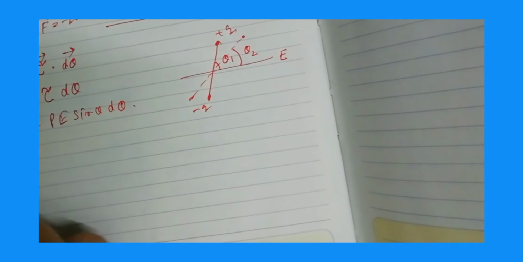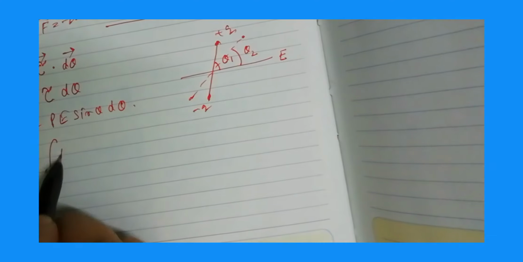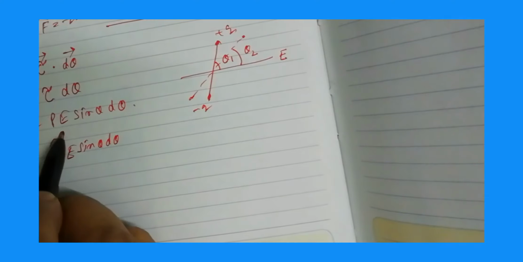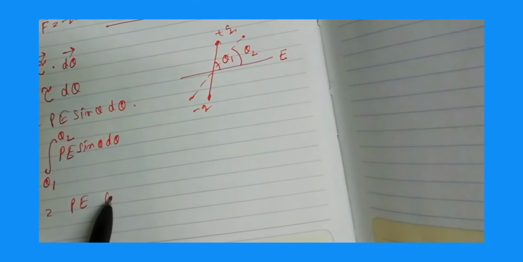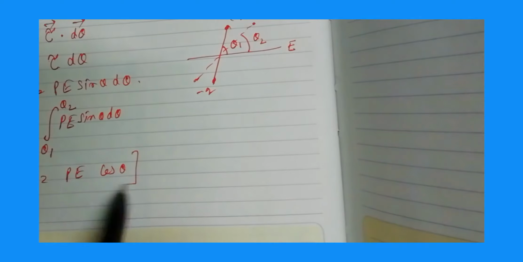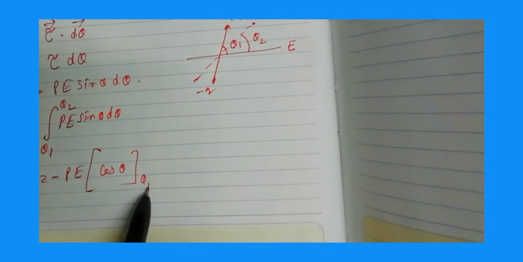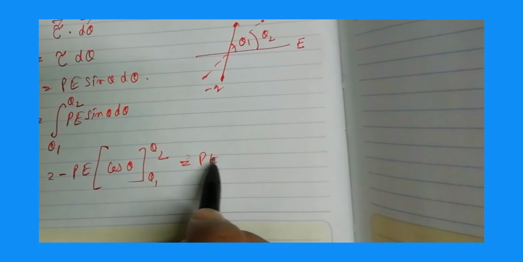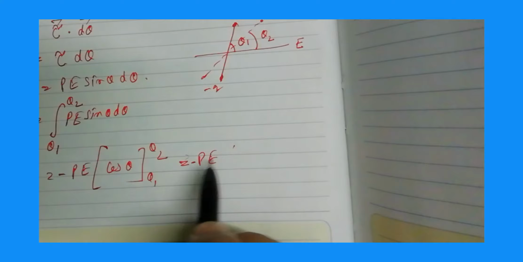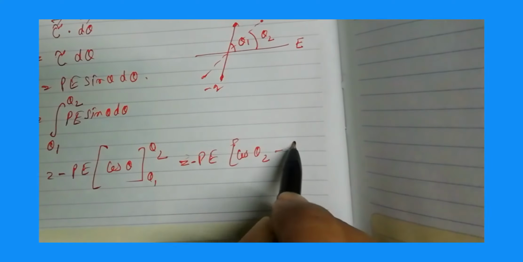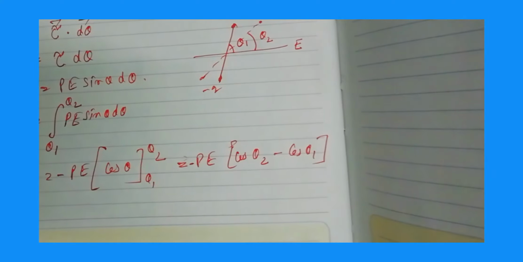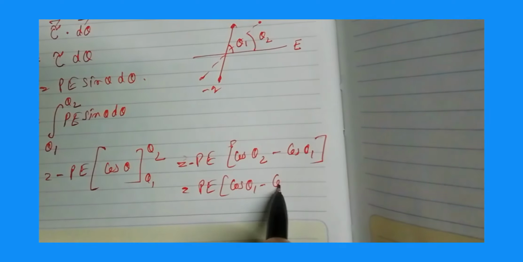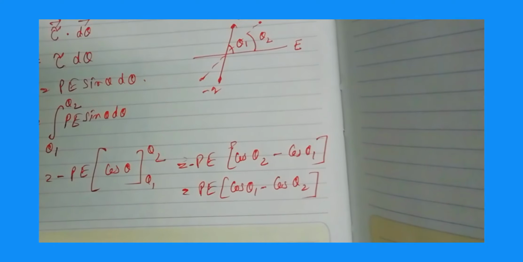Therefore the total work done from theta 1 to theta 2 is the integral of P E sine theta d theta, which is P E, minus cos theta, from theta 1 to theta 2. So this is minus P E times cos theta 2 minus cos theta 1, so P E times cos theta 1 minus cos theta 2. You can write it this way also.